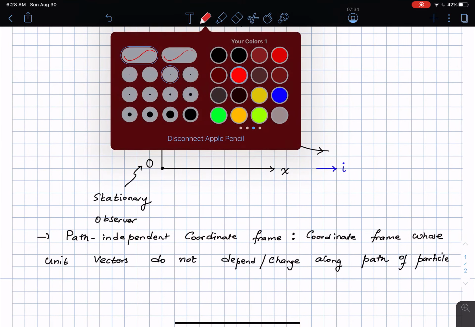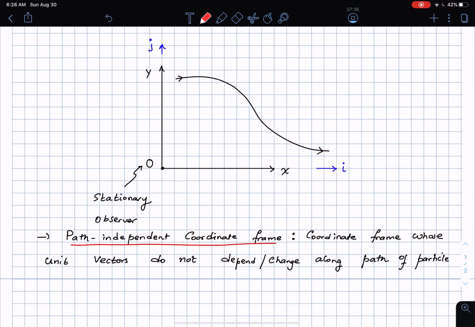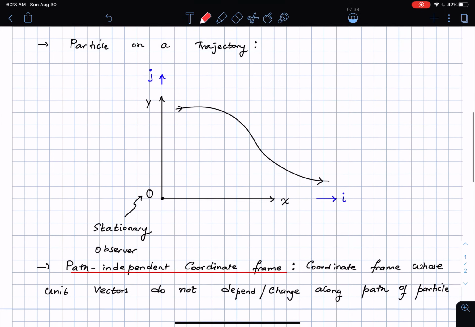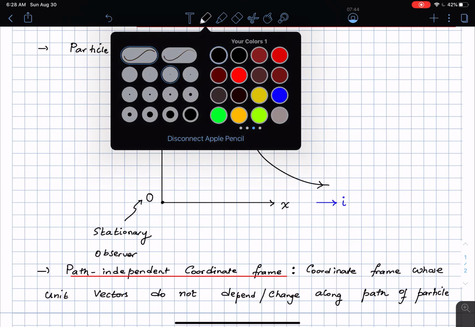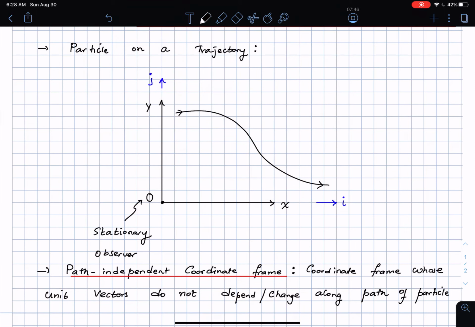Okay, so this is also a key statement here. And for us, the Cartesian coordinate frame is going to be a path independent coordinate frame. So we are going to consider a path independent Cartesian frame.